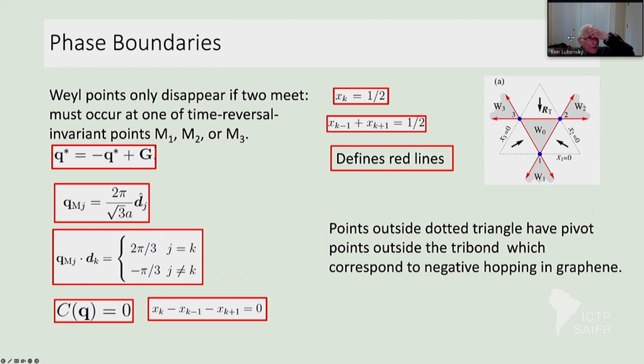So the M points are time reversal invariant, and they have this property that the 2 solutions you get, Q star, when Q star is equal to minus Q star plus G. See, Q star plus G is really the same thing as a minus, but we're moving around the Brillouin zone, so we can put in the G in place of not having it.